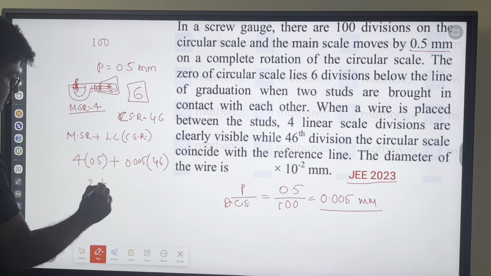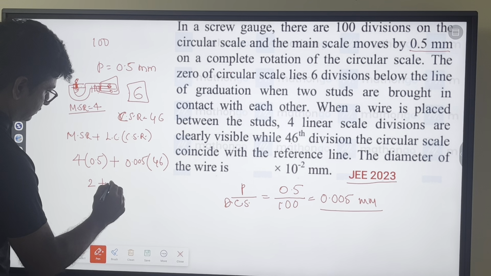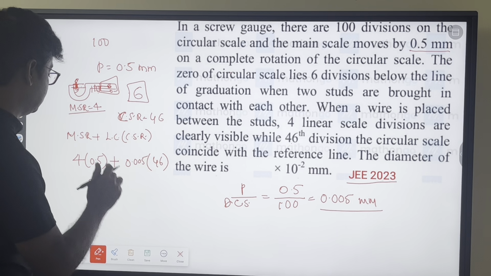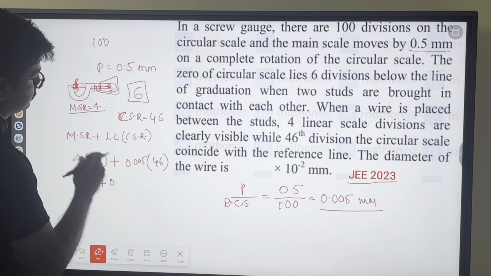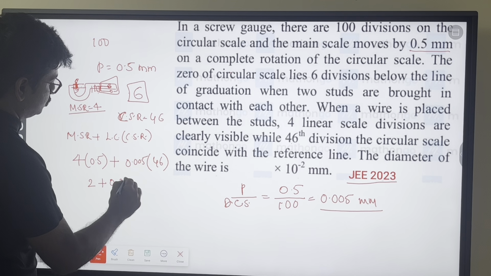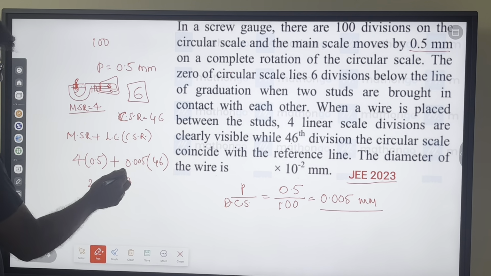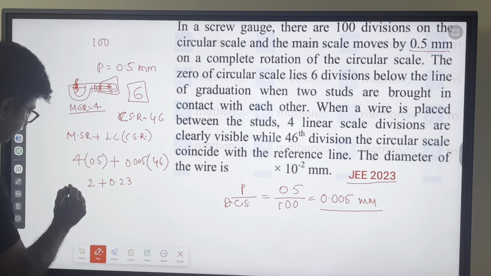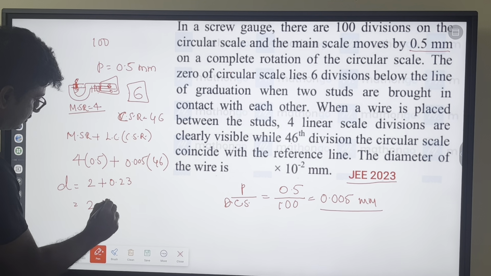This is 2 plus 0.005 into 46, which is 0.23. That's it, right? So 2.23. Therefore the diameter of the wire is 2.23 mm.